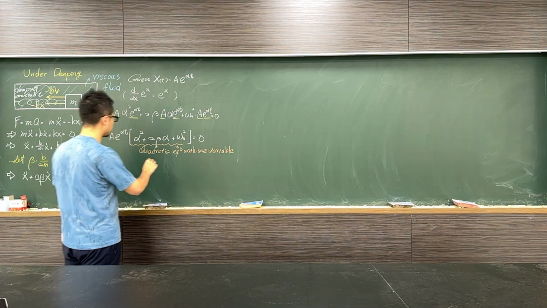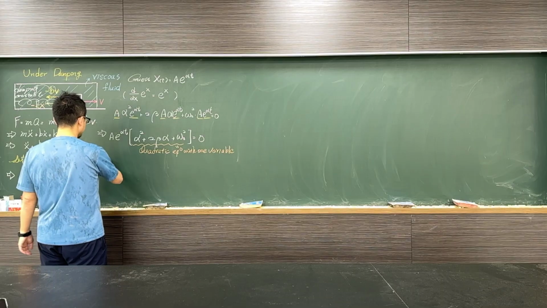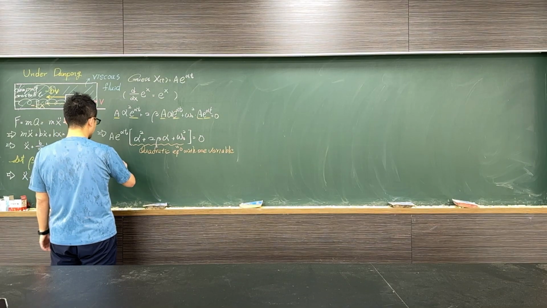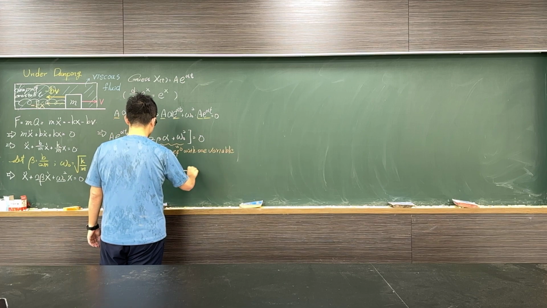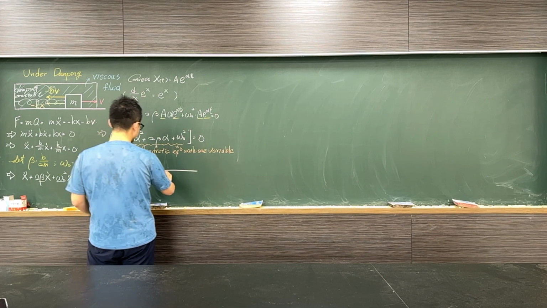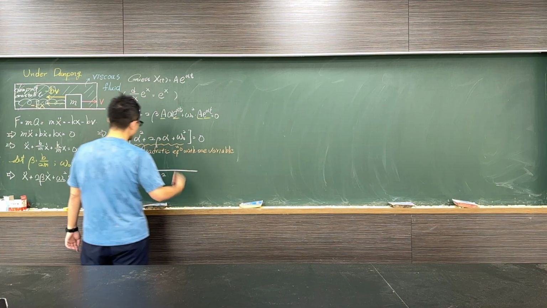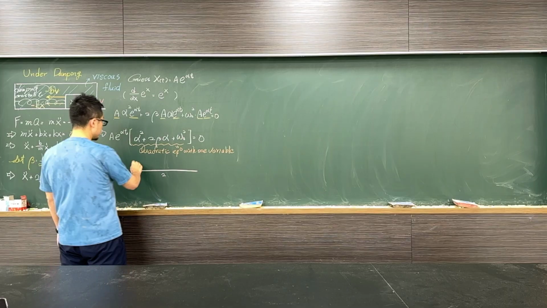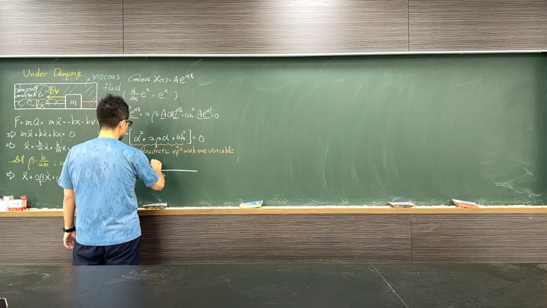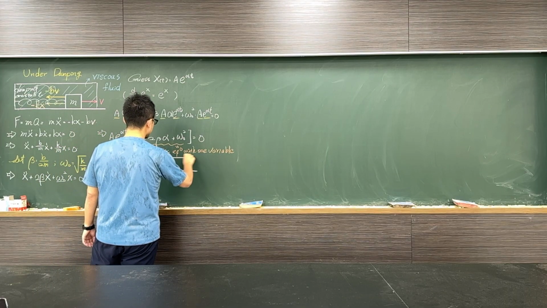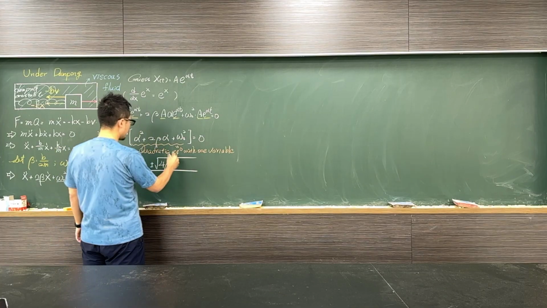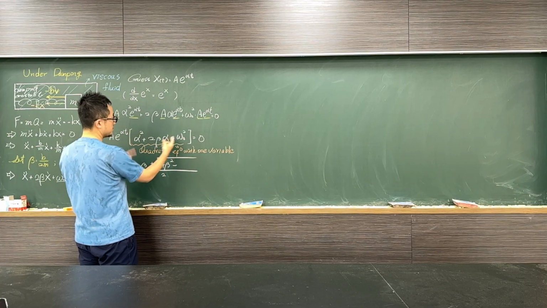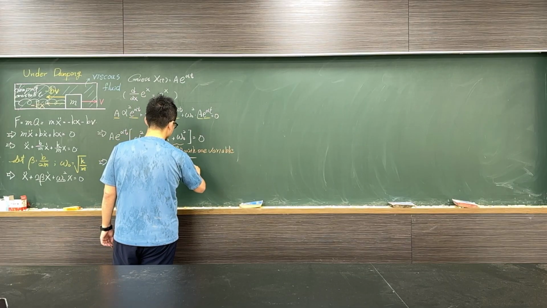Simply by using the formula, because this equals 0, I can say that the possible alpha is equal to: the denominator is 2, and the numerator is minus 2 beta plus or minus the square root of 2 beta squared, which is 4 beta squared, minus 4 times 1 times omega naught squared.